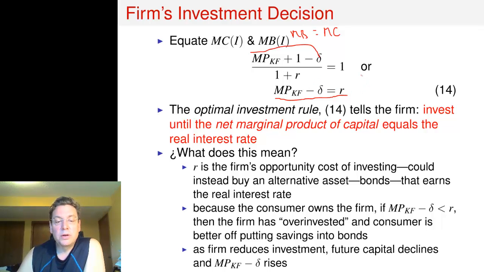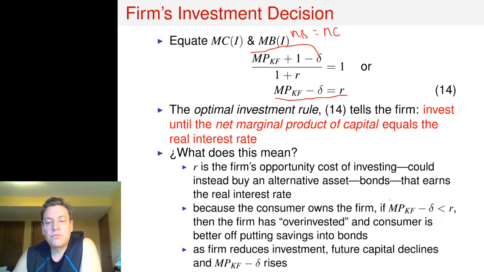So that's what leads to the idea that if for some reason the net marginal product of capital is less than the real interest rate, then the firm must be overinvesting.